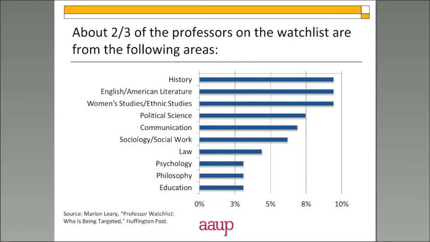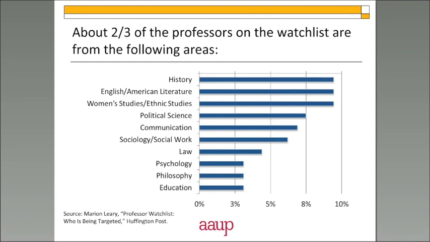Because in each case, the report on the professor watch list is frequently a student-written article about the faculty member. These typically don't identify home departments in a uniform way. They will sometimes say a literature professor, and it isn't necessarily clear in what area. So the analysis that Leary did was based on what was reported in these news sources, and I had to combine them in a few places.